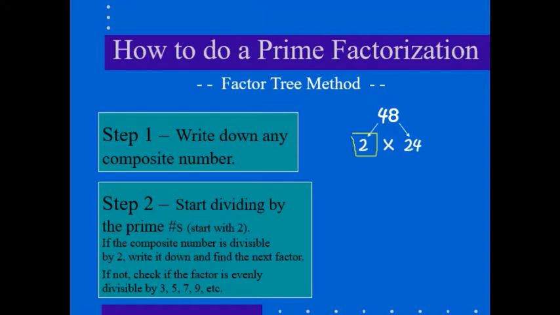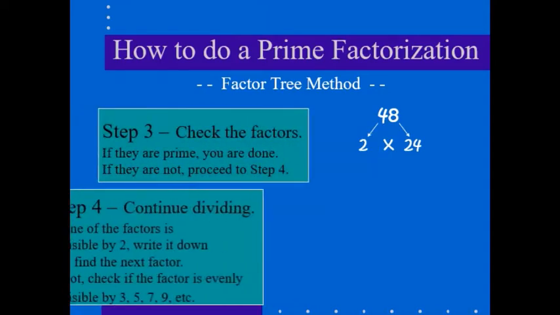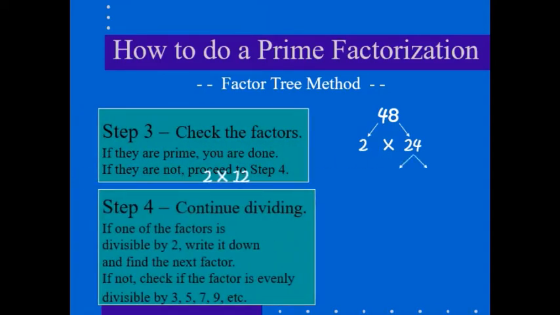What's a prime factor of 24 that we can divide it by? Well, that would be 2 again, right? So we can do 2 times 12. So now we've made this number smaller again, and again we've got another prime factor here.